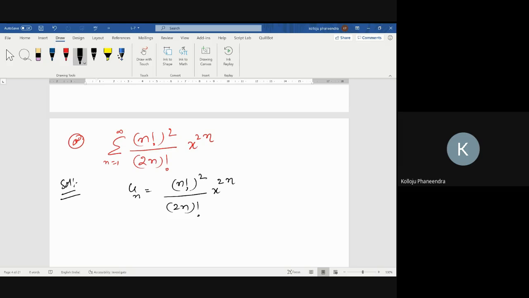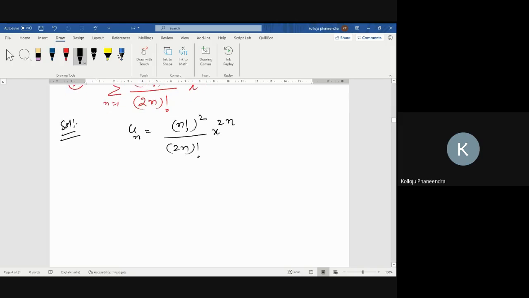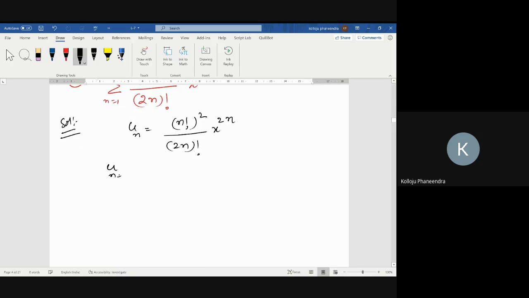Clearly, factorial terms are there, so applying ratio test. For the ratio test, first find the n plus 1th term. N plus 1 factorial whole square by, this becomes what? 2n plus 2 factorial x to the power of 2n plus 2. Okay.